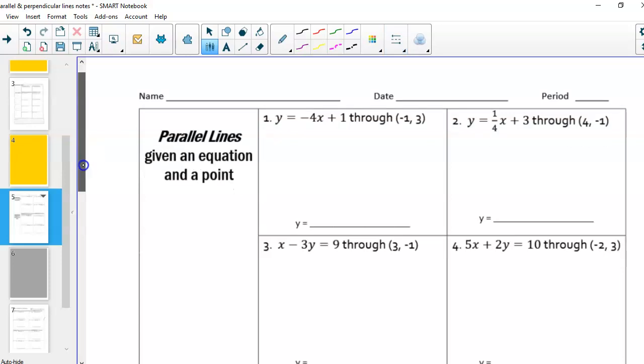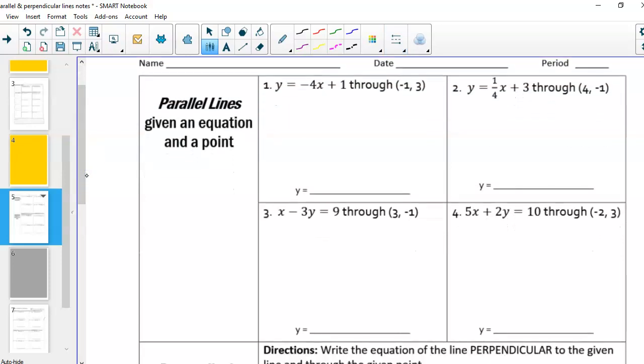Alright, so for these types of questions, they're asking you to find an additional equation. They give you one already, but that's not your answer. They want you to find an equation that is parallel to that equation. So in order to do that, you need to find what would the slope be of your new equation.